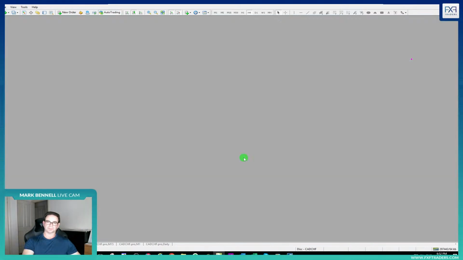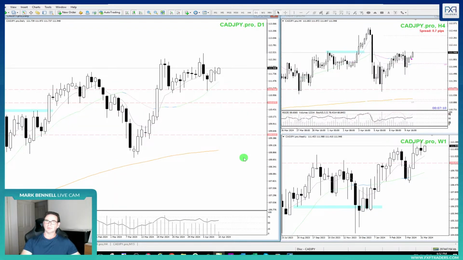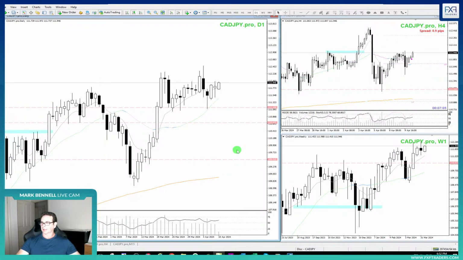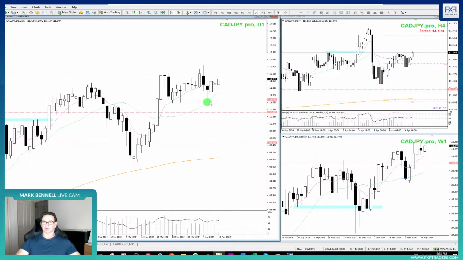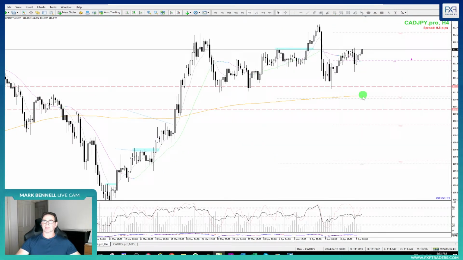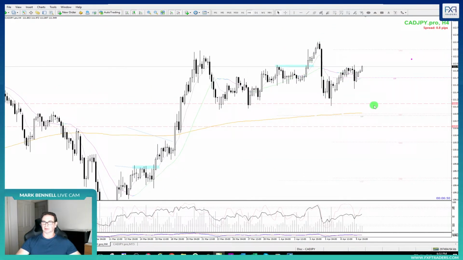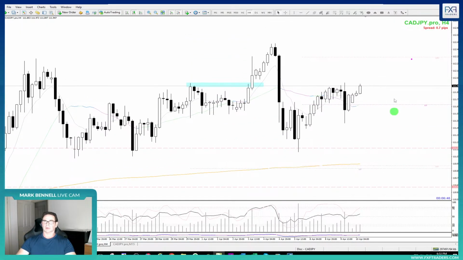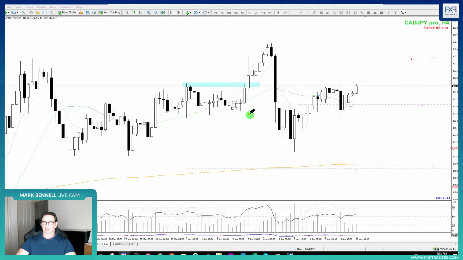CAD yen. Push through here, pull back, back to the 20. Kind of got a bit of a flat little Davis box sort of through here. Nice impulsive P pattern. Have a look at the 4 hour. Nice push through here. Shake out. Where's the 4 hour anchor?